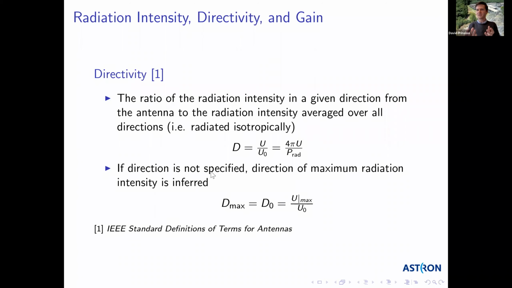So all radiated isotropically. Just to repeat that again, you look at the radiation intensity in a particular direction, and you compare that to the radiation intensity that would have been radiated if all the power radiated by the antenna was radiated isotropically.